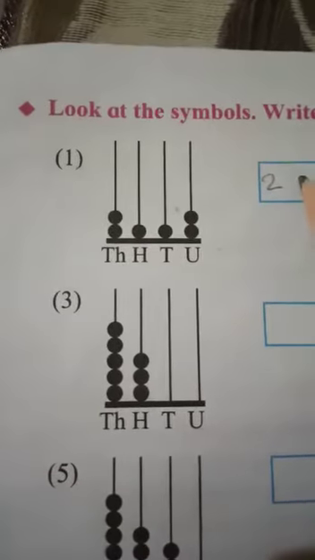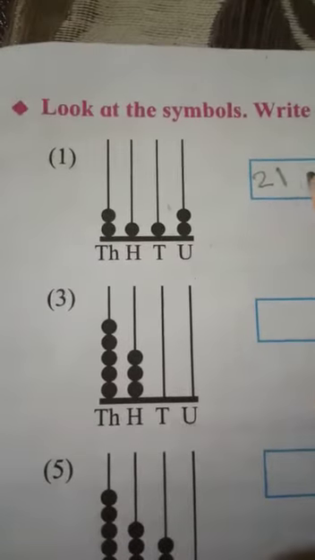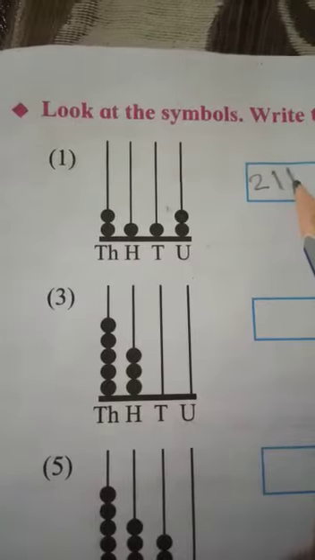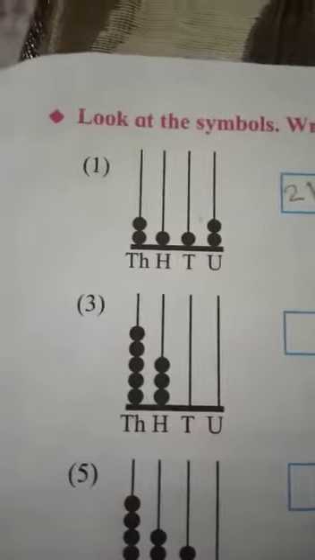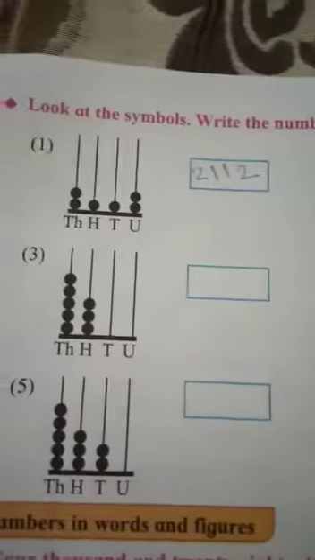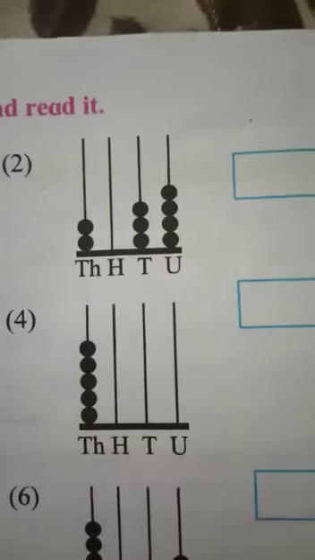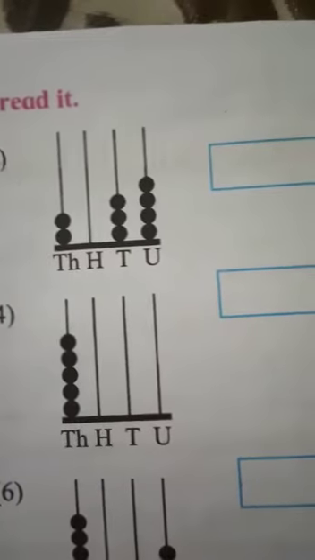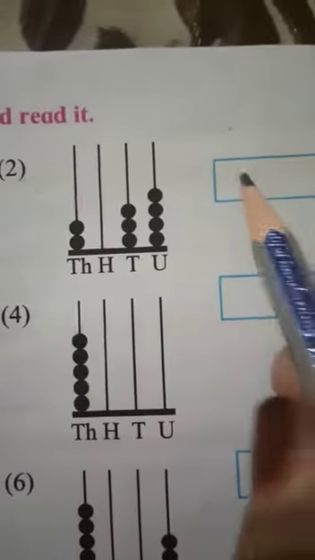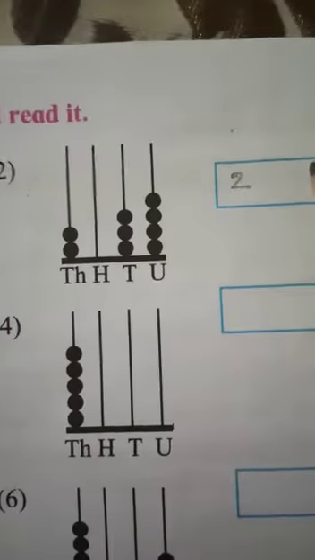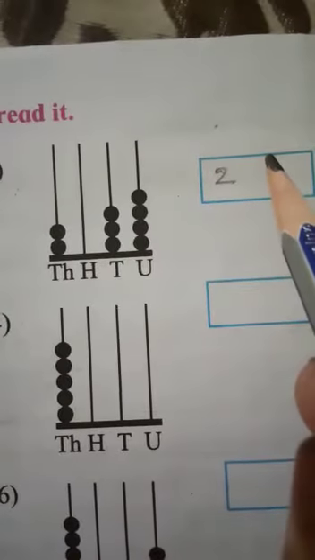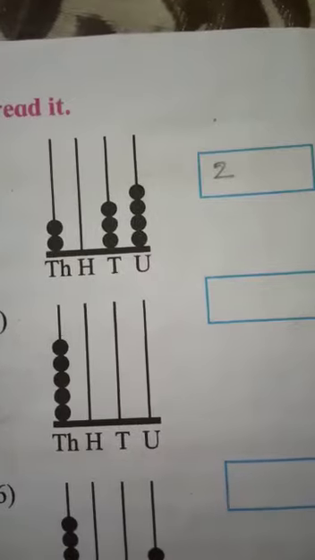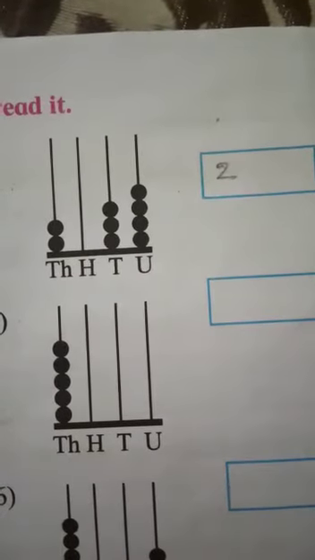See here, first one: 2, 1, 1, 2. It means 2112. Now come to the second. See here, in thousand place, how many dots? 2. After that hundred place, 0.